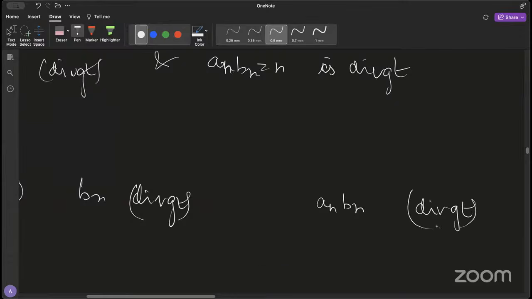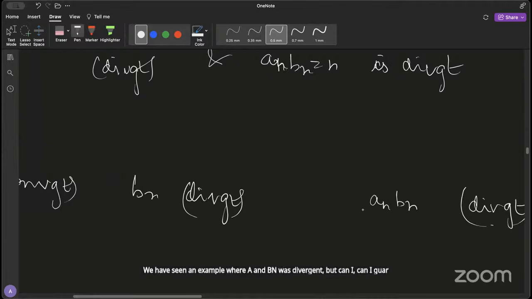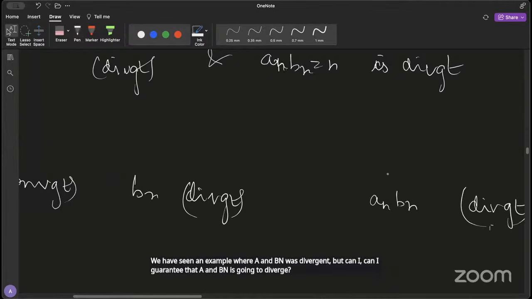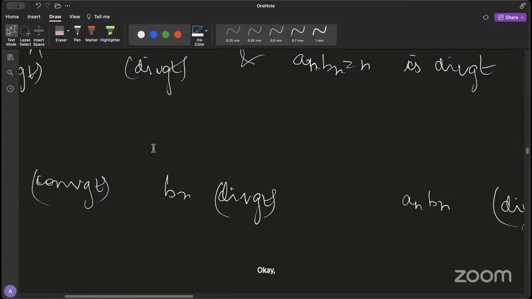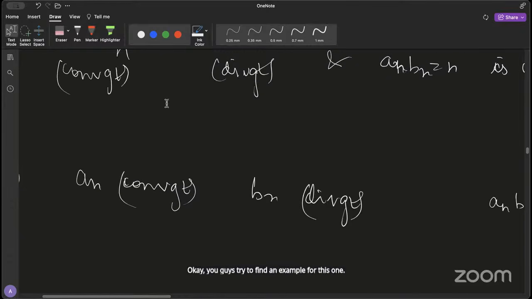We have seen an example where An Bn was divergent, but can I guarantee that An Bn is going to diverge? Okay, you guys try to find an example for this one, and I'll be back in a minute.